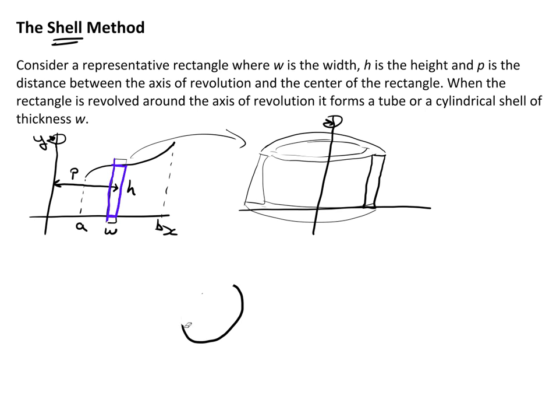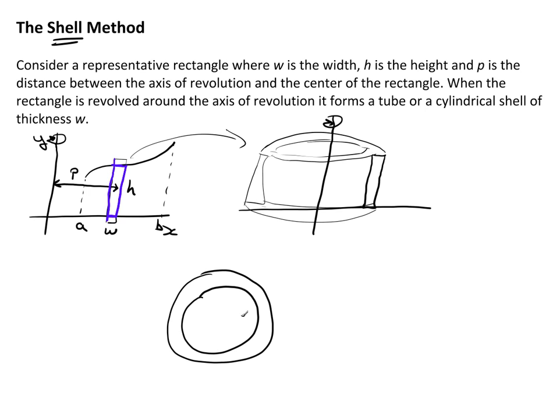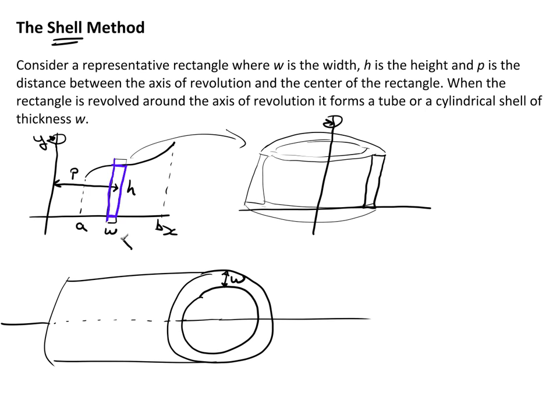let me make that a little bit bigger. Now this is like the top of this ring right here, and I have the axis of revolution going through here. So this has some depth to it. Now this distance here is the same as this W that I wrote right here.